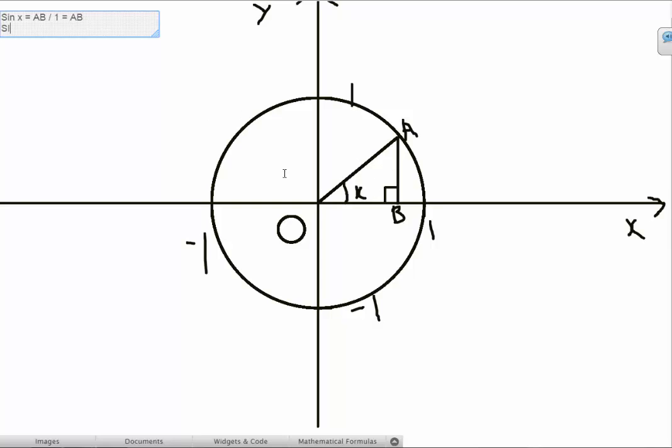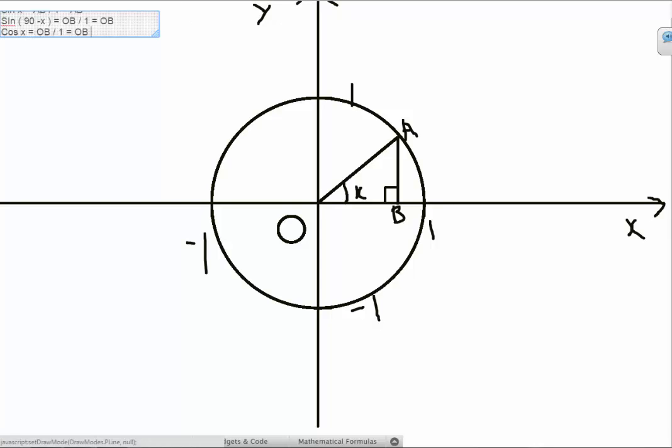Now we get that sine of 90 minus x, which is this angle, is simply OB divided by this length, which is again 1, OB over 1, which is OB. Now we can say that cos x is adjacent, which is OB, divided by hypotenuse, which is again 1. So cos x is OB. Therefore, sine of 90 minus x is simply cos x.